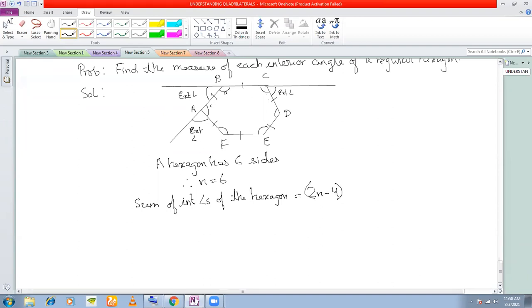Write the formula first. Then put the value here. (2 into 6 minus 4) into 90, which is (12 minus 4) into 90, which is equal to 8 into 90, which is equal to 720 degrees.